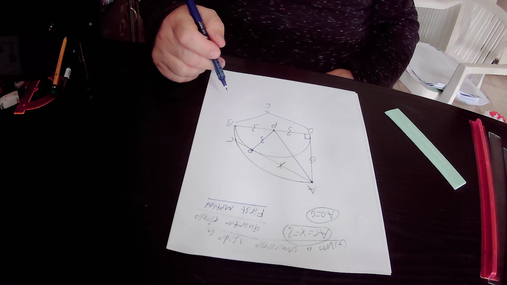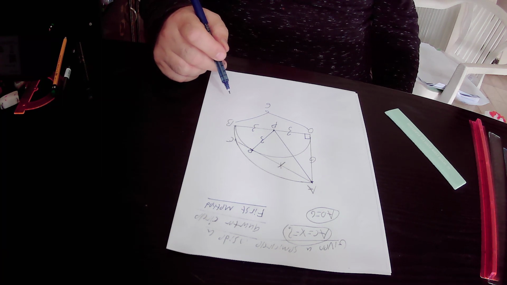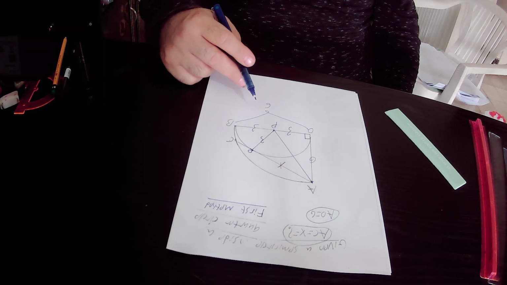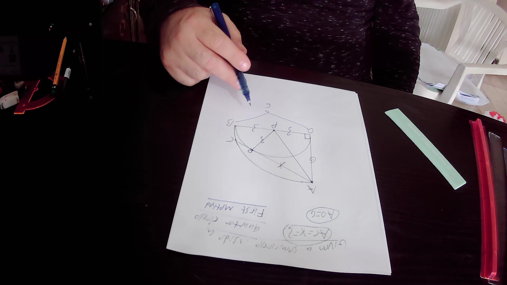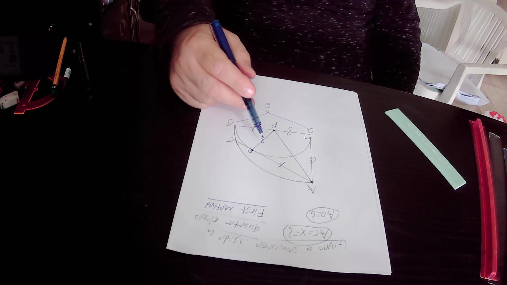And here the right triangle APO is congruent to the right triangle APD.